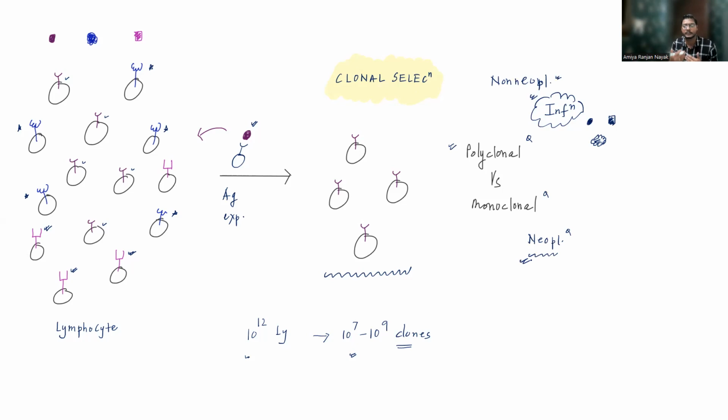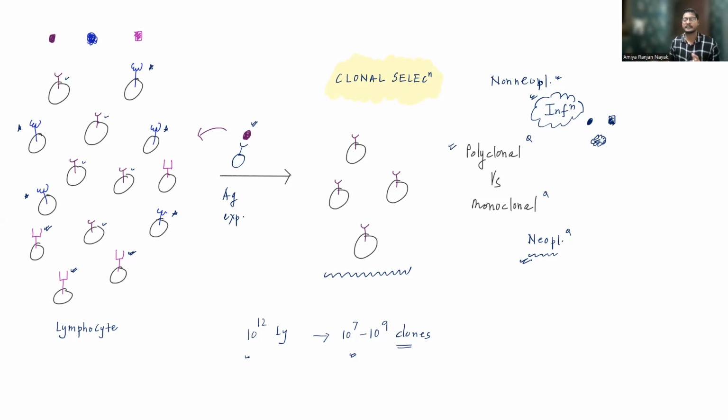Whenever there is lymphocytosis, we can differentiate whether it is a non-neoplastic or a neoplastic condition. If you put markers to see whether the lymphocytes belong to a single clone, and if they belong to a single clone, that is known as monoclonal lymphocytosis, and that implies a neoplastic condition.